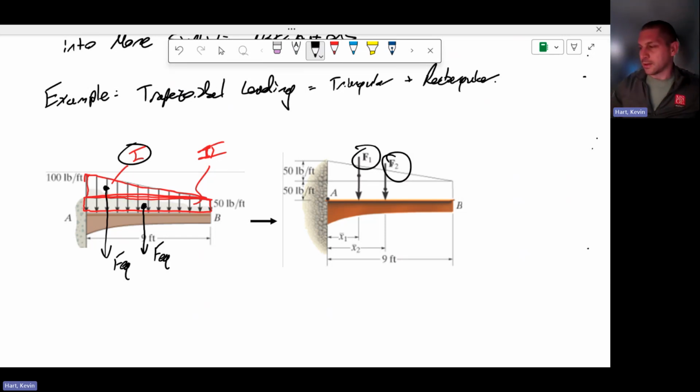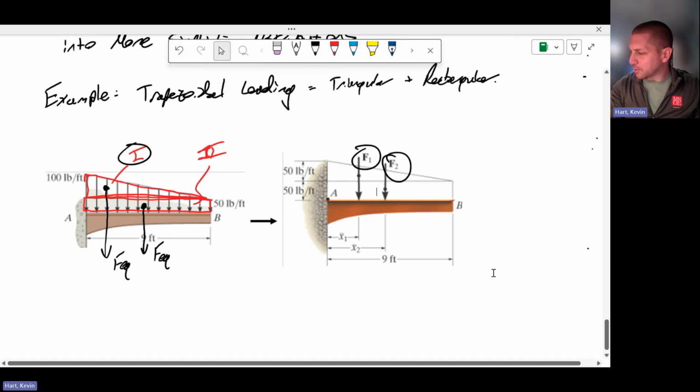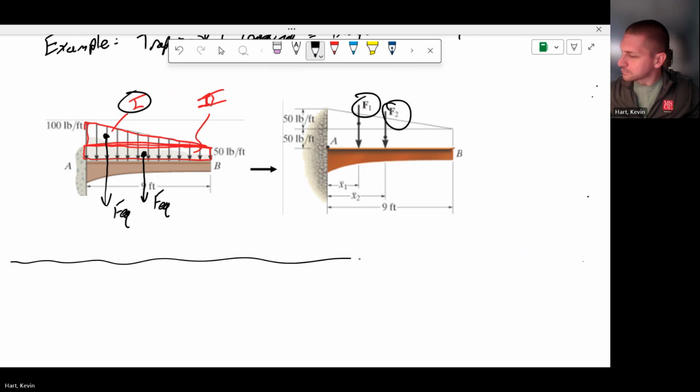All right, so pretty straight ahead, just breaking down what looks like a complicated distribution, a trapezoidal in this case, into two simplistic distributions, a triangular plus a rectangular. We'll do one quick example here, and then we will call the lecture.